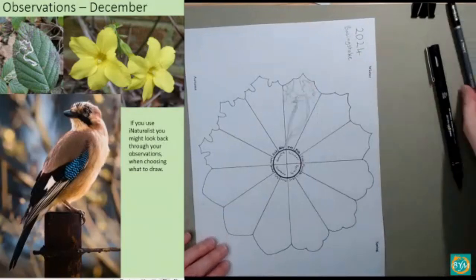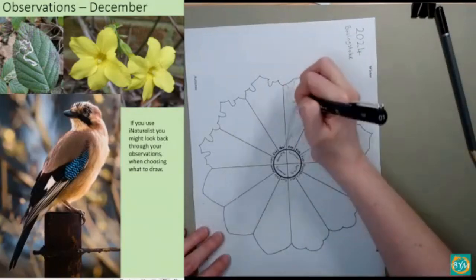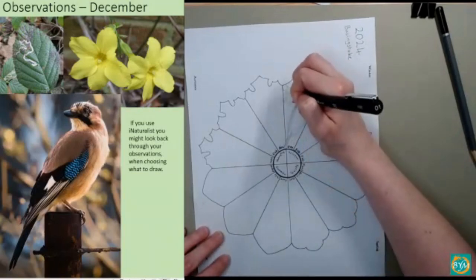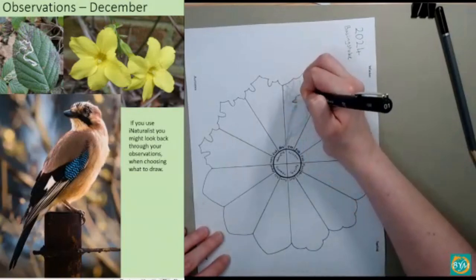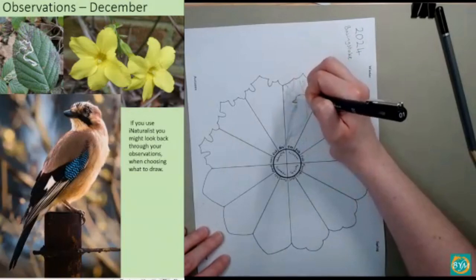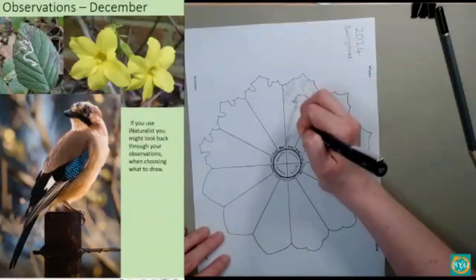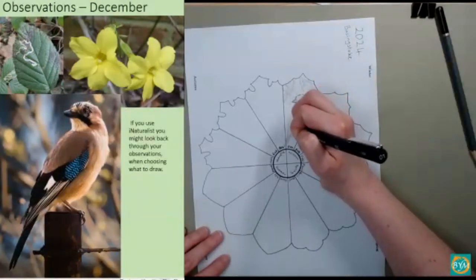So there's lots of options of what you may want to do. And this is where you can make it nice and personal to you and what you have been seeing in your area in the last year.